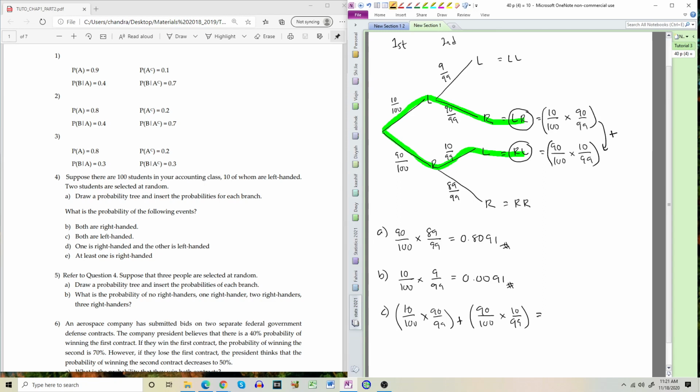Even though I have the answer, each and every time I need to double check. You should get 0.1818.